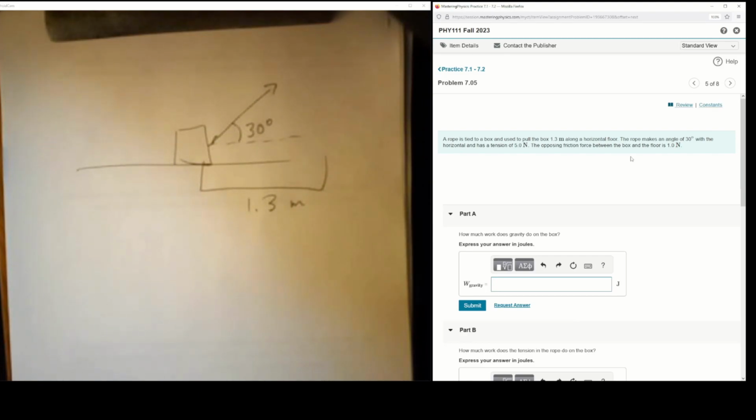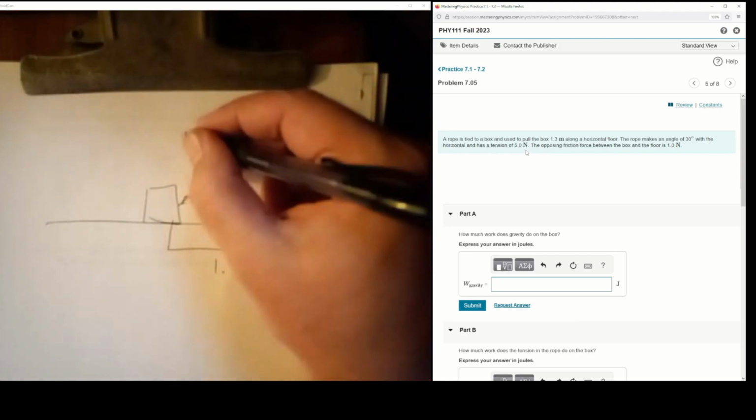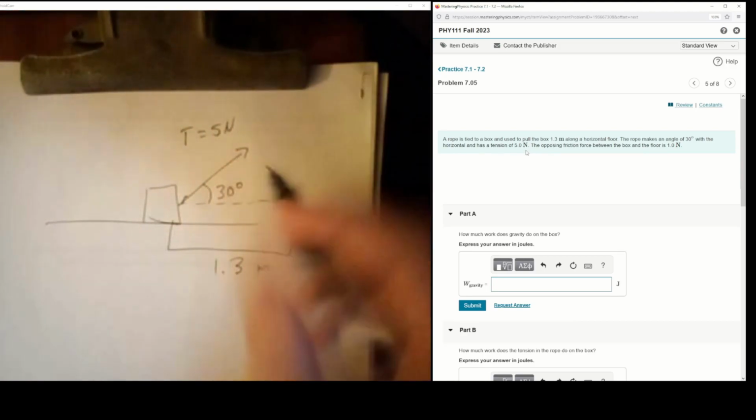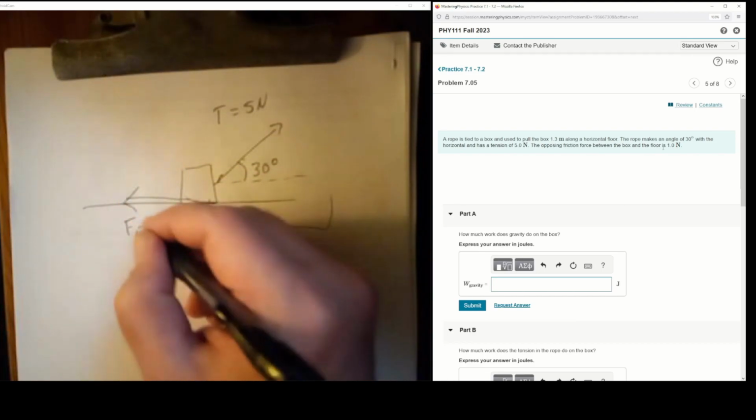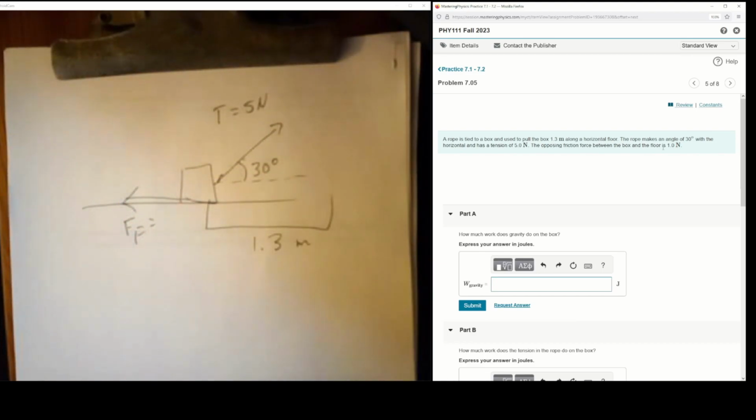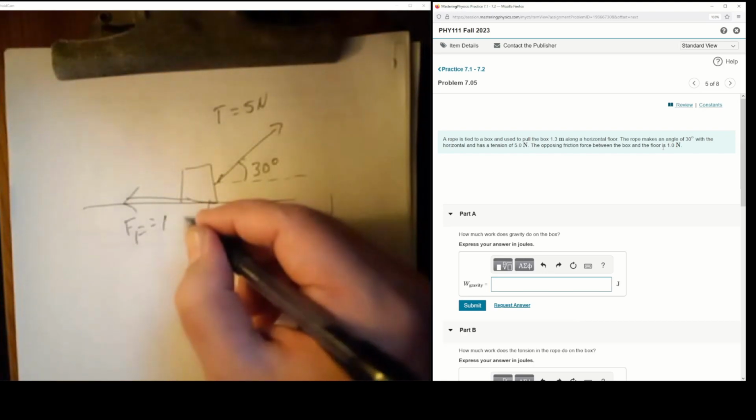And it also says the tension in the rope is 5 newtons. So the tension we're given in the rope that we're pulling on is 5 newtons. And there's also an opposing friction force between the block and the floor. So we have a friction force here, opposing motion, and they're telling us that one is 1 newton.